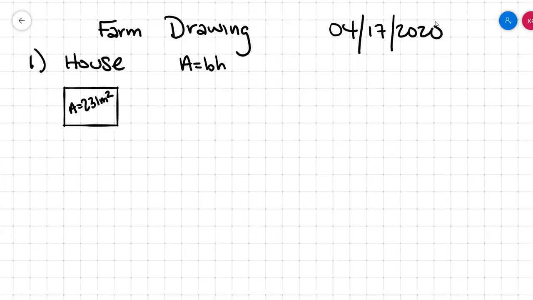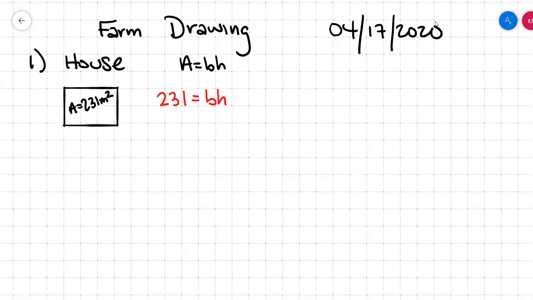Okay. How can we solve this with the formula and what area is? So we know that the area is 231, but we don't know the base or the height. So how are we going to figure out what the base and the height are?